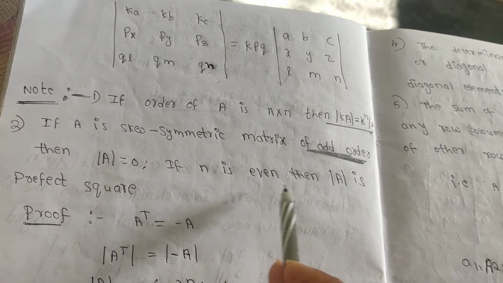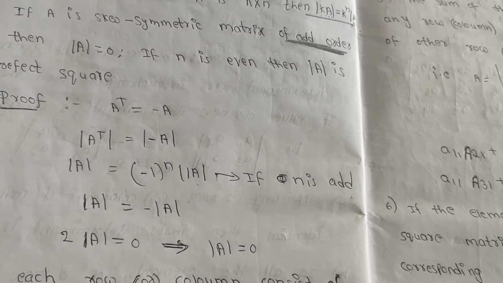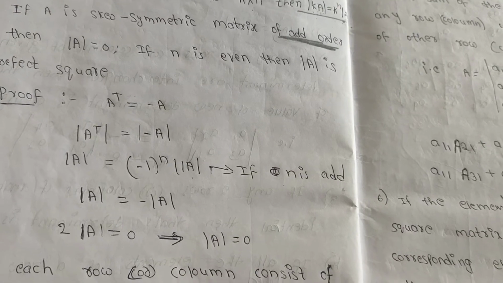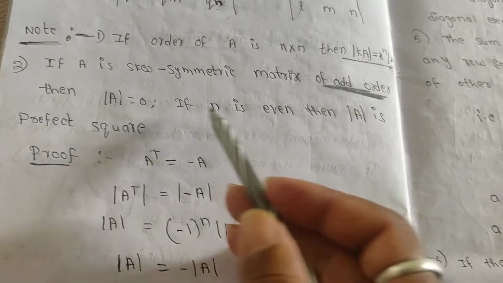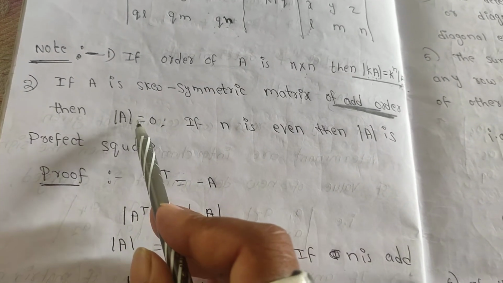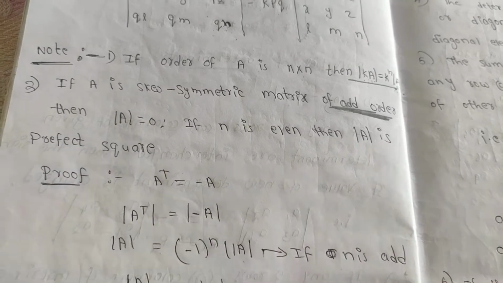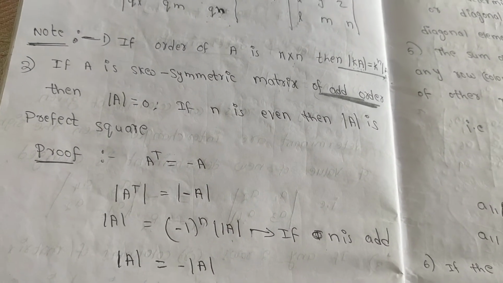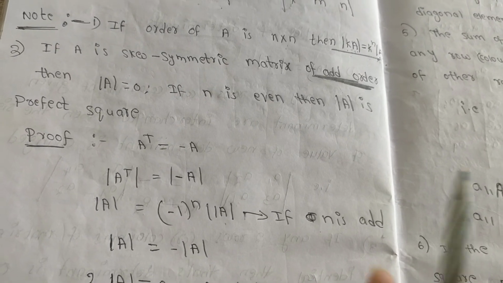If n is even, then determinant of A is a perfect square, that means 1, 4, 9, 36, like that you may get any perfect square. So just remember this first concept: matrix of odd order, then determinant of A is equal to 0. If you see a skew symmetric matrix, if you want to find the determinant, directly that value gives 0.